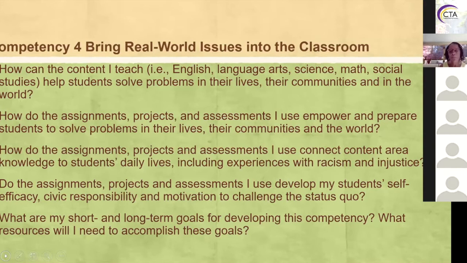How do your assignments, your projects, and your assessment connect content areas to the knowledge in their everyday lives, including experience with racism and injustice? Do your assignments and your projects and your assessment develop your students' self-efficacy, their civic responsibility, and their motivation to challenge the status quo? And some of this you may feel like you're rocking the boat.